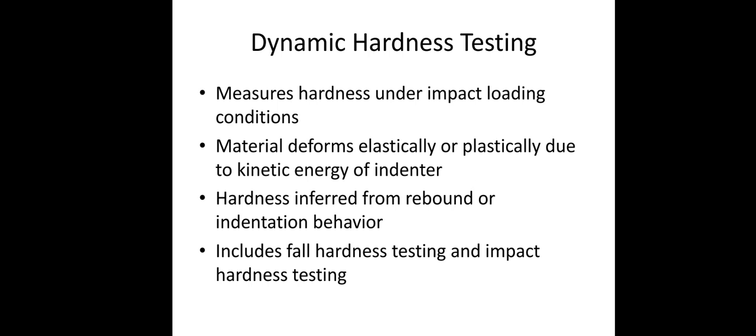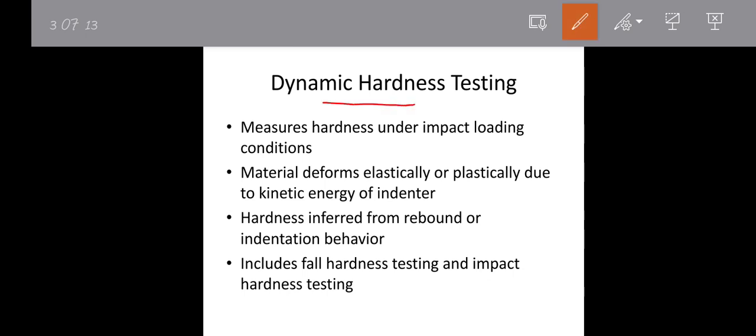The rebound hardness test can be mainly classified into two types: the dynamic hardness test and the dynamic elastic hardness test. The dynamic hardness test measures the hardness under impact loading conditions.